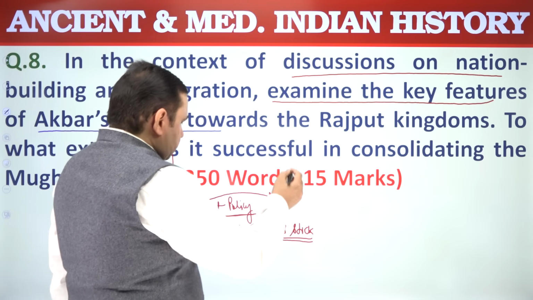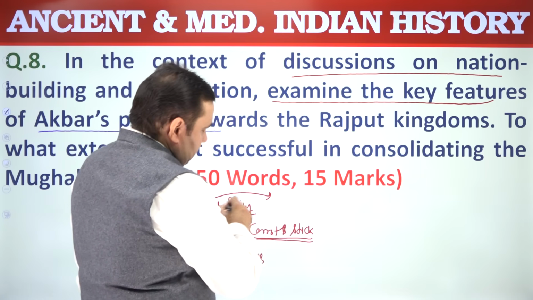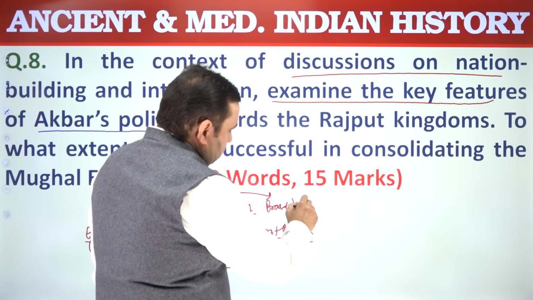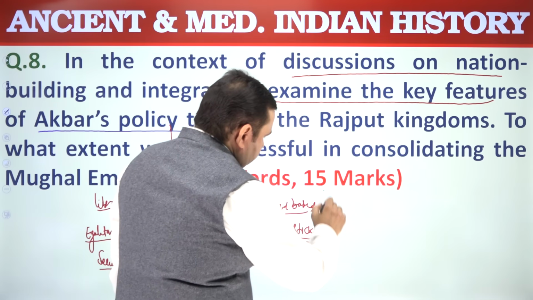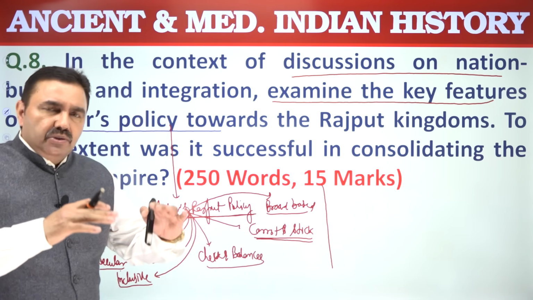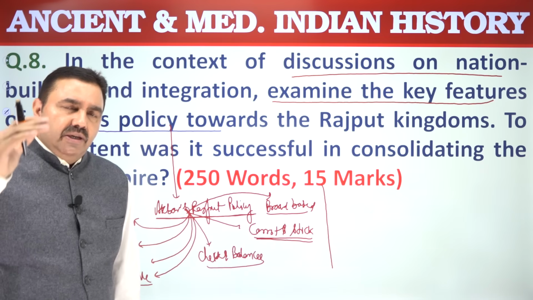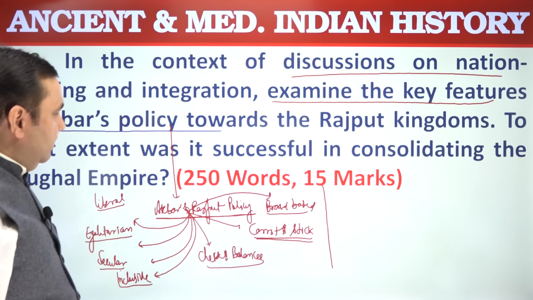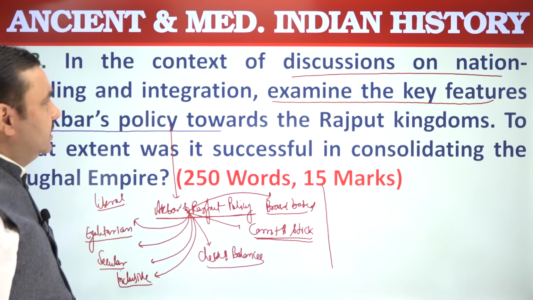This Rajput policy was broad based. So he tried to accommodate as many people as possible without really interfering, without making them feel suppressed. So these are the features of Akbar's Rajput policy.